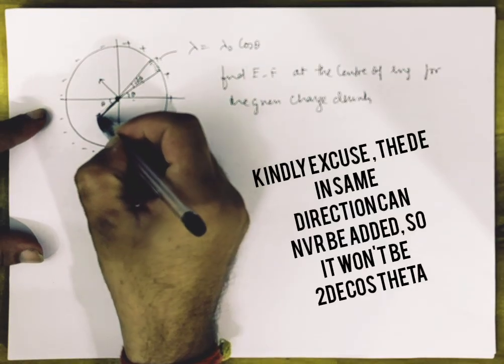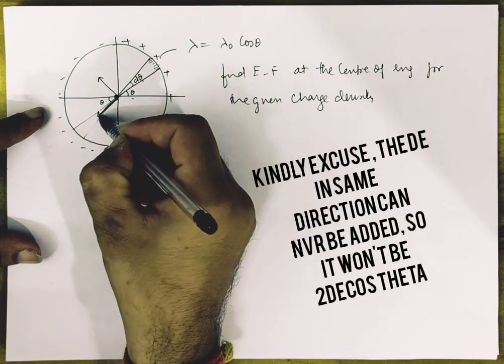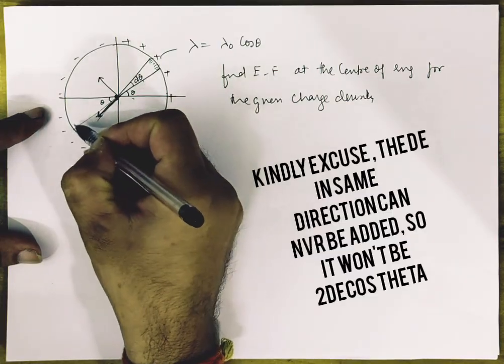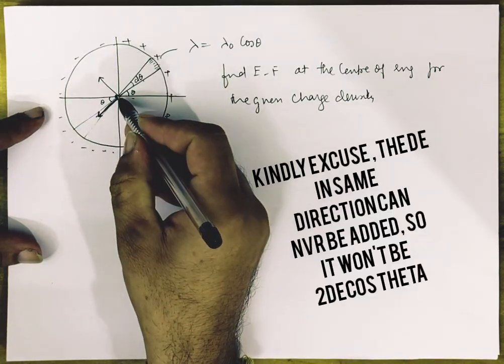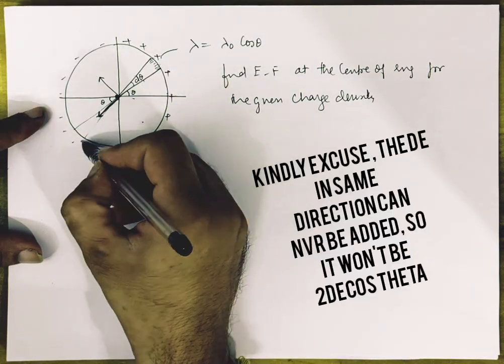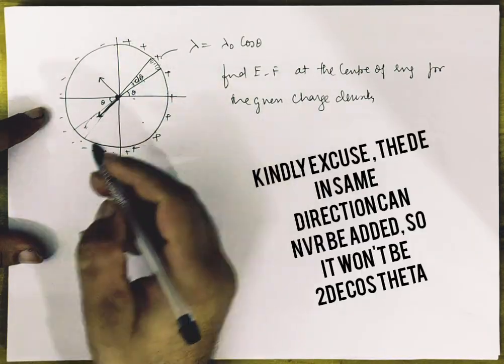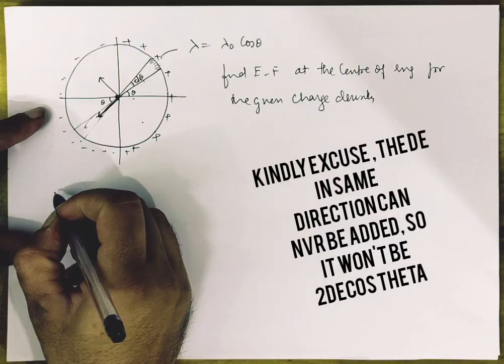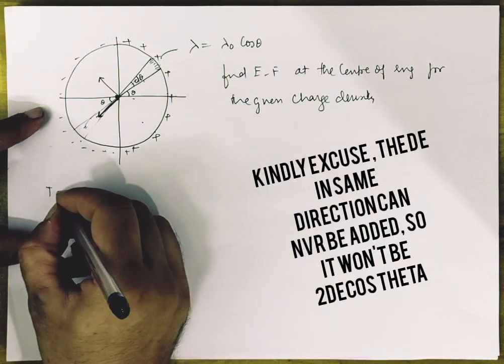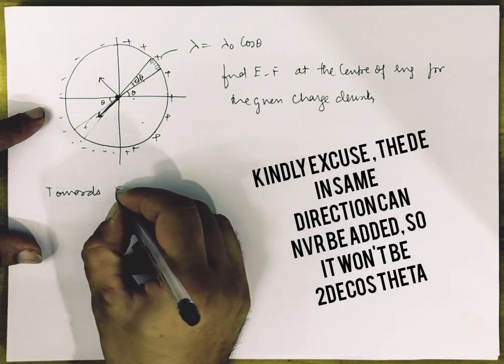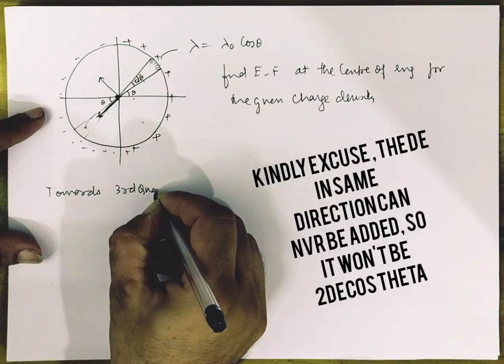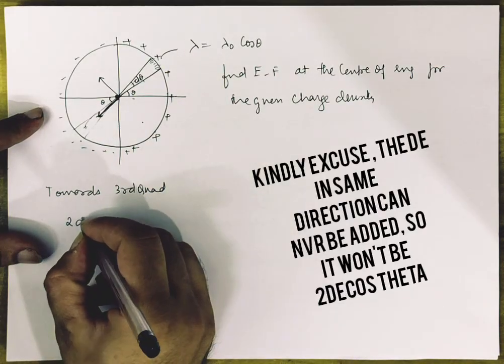A similar portion can be drawn here, and it will also produce a field towards this direction because of the minus sign. So these two are getting added. So we get an electric field in the third quadrant. For that we can write 2 dE.